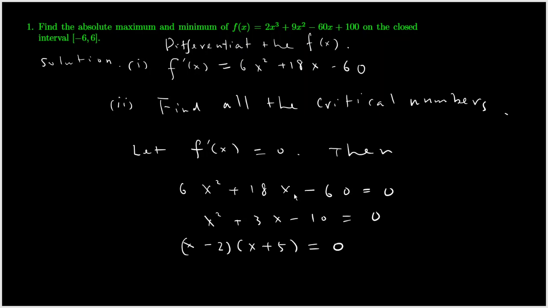I think I got this right. Okay, so we have two critical numbers, actually, right? x equals 2 and x equals -5. These are the critical numbers.